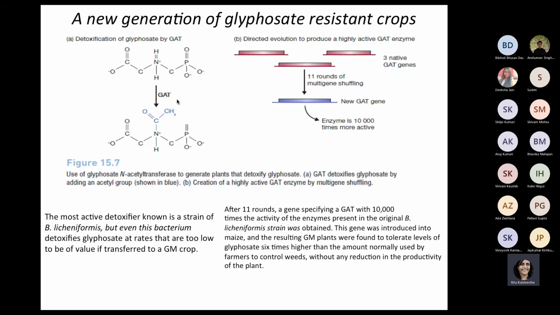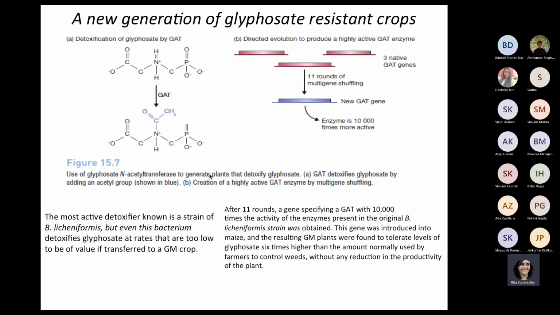One method is you just go for random mutagenesis, and there is a chance that the altered or mutant enzyme that you get is much more effective as compared to the wild type enzyme. Another method is to very meticulously look at various regions in the GAT enzyme, try to find the regions which may impact the activity of GAT, and then go for site directed mutagenesis.